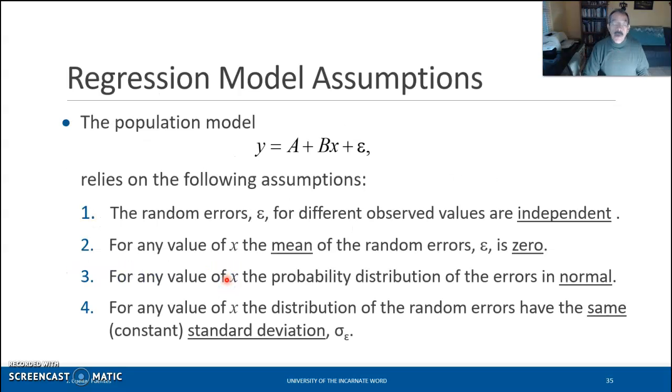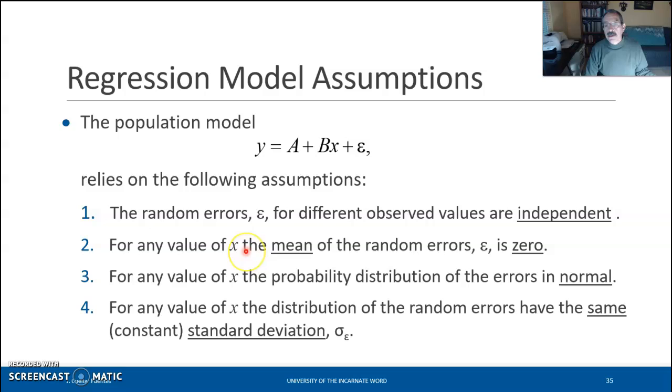One important thing that we need to note is that this population regression model assumes that the random errors associated with each observation are independent. So if you observe a particular value, the random error of that observation is going to be independent of the random error of any other observation.